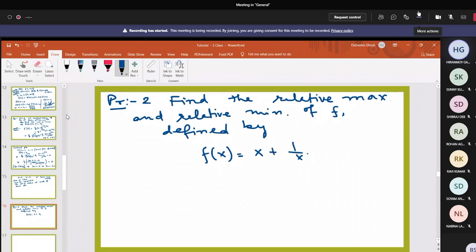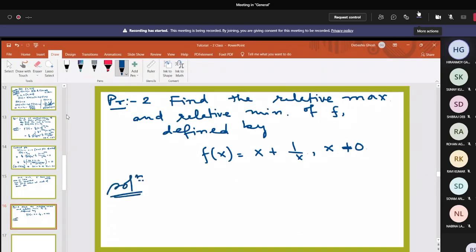Of course, this function is not defined for x equals 0. So for x not equal to 0, x is not in the domain of f. So the solution, we can say.